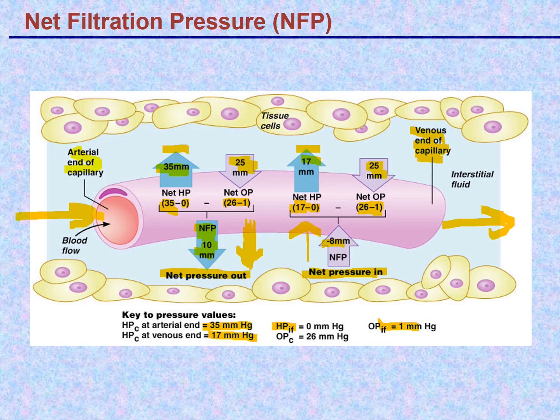Fluid gets pushed out, then it gets pulled back in by the action of the colloid osmotic pressure of the albumin, mostly is the key protein. So it's getting pulled back in, but not all of it. In the end, you have some fluid left out because the net outward pressure is greater than the net inward.